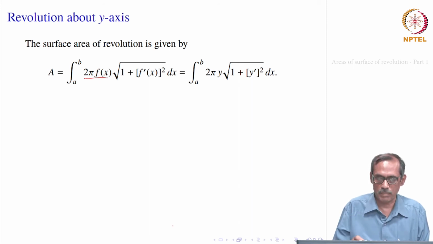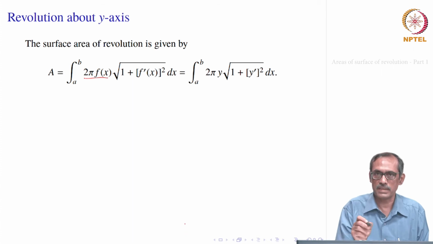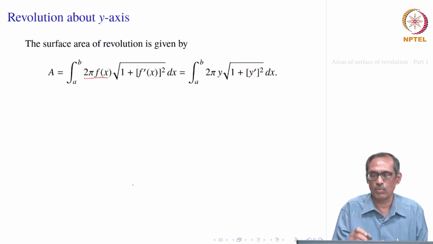Now, all these things happen when you have the curve given as y equal to f of x, and it is assumed that f of x is greater than or equal to 0, and then of course, we assume that the curve does not intersect itself, so that you will not get the surface area if it intersects. So, it is non-intersecting and it is traversed only once when x varies from a to b.